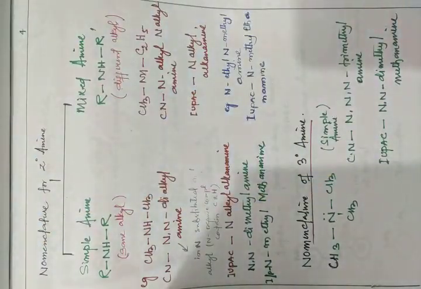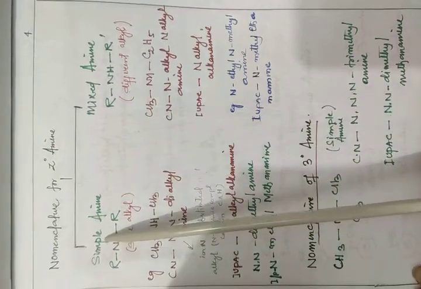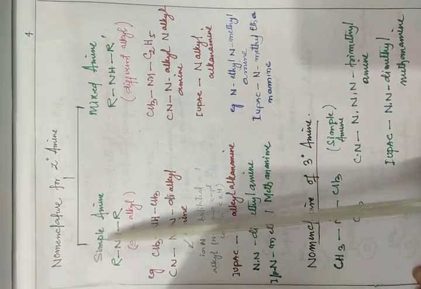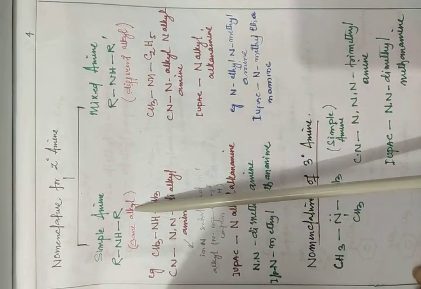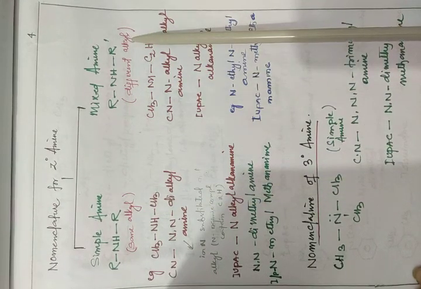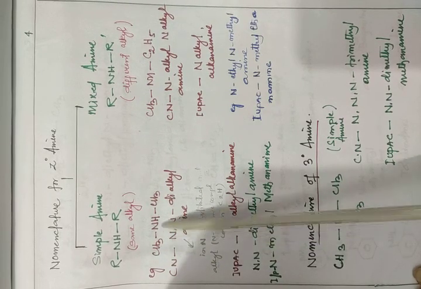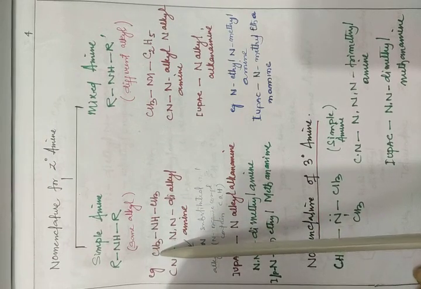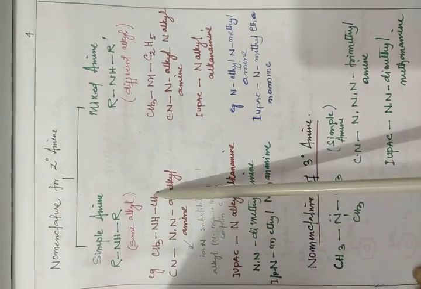Now the next one is nomenclature for the 2 degree amine. So 2 degree amine having 2 alkyl groups, and there are 2 types: simple amine and mixed amine. The same alkyl group, that is a simple amine, and different alkyl groups, that is mixed amine. Now here the example for simple amine is CH3NHCH3, that means left side is CH3 and right side also CH3, both sides are same.